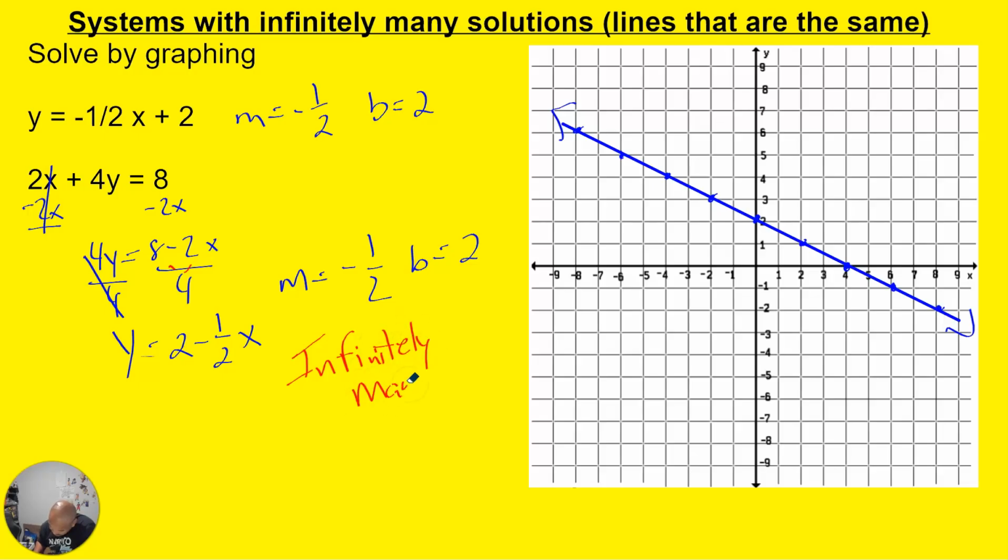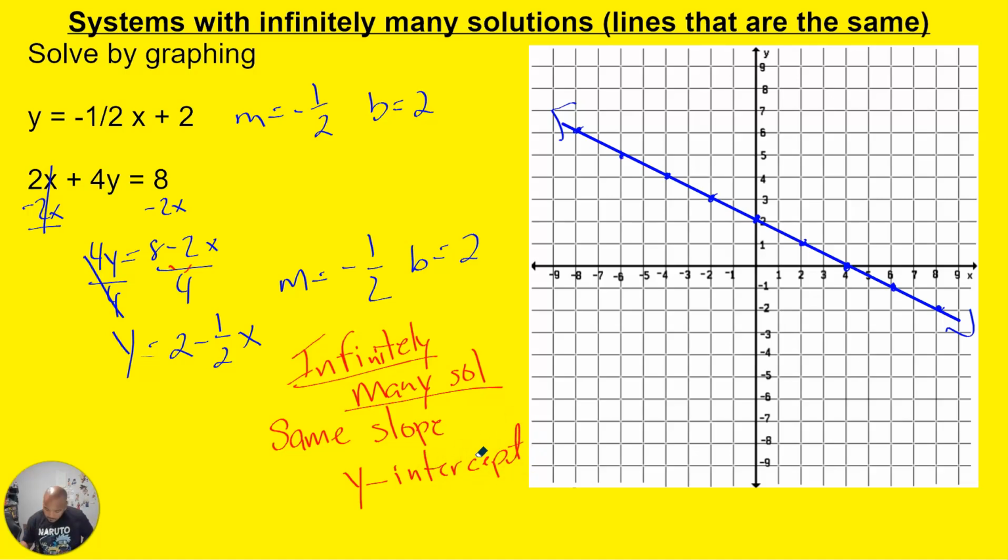Many solutions are going to have the same slope and same y-intercept. Okay, that's how we realize that we have infinitely many solutions. All right, so that's how we can identify that.